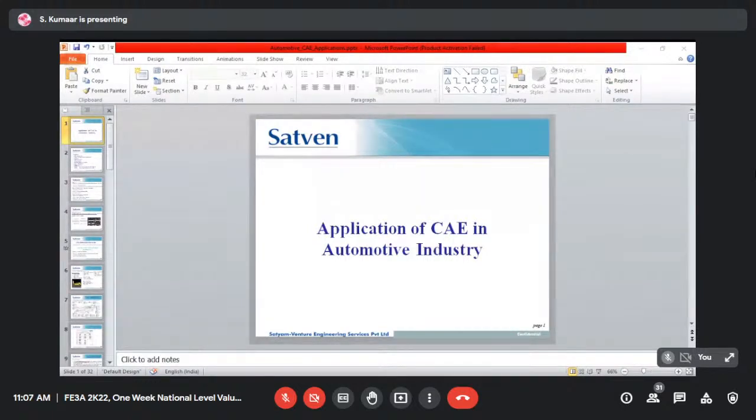First we'll start with the CAE introduction. CAE is a computer-based technique that calculates how components or products are likely to perform in real-life applications. In our conventional method, first we make the design, then as per the design we go for the prototype, then we go for testing. Then we check whether the component or product passes or not.